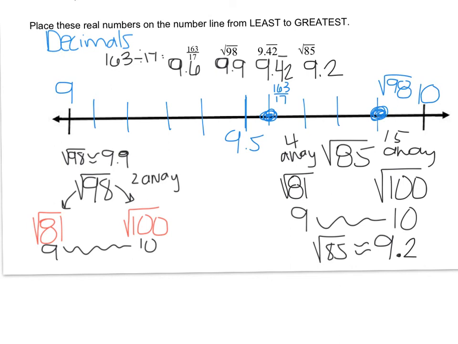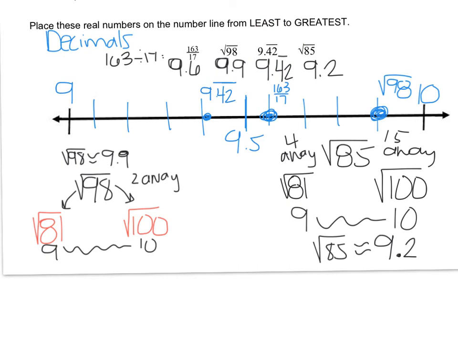Again, if I'm going too fast, it would be a great idea for you to pause it so you can get this all written down. Next up, we have 9.42 repeating. So I can't put it right on the 4. I'm going to put it right next to it. 9.42. Make sure that's repeating.